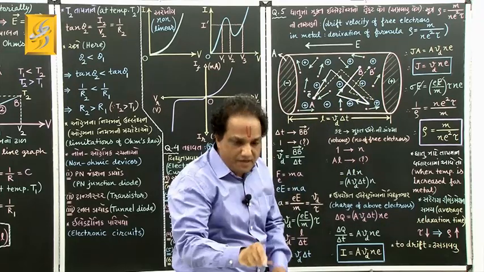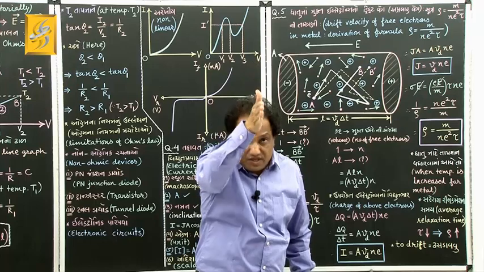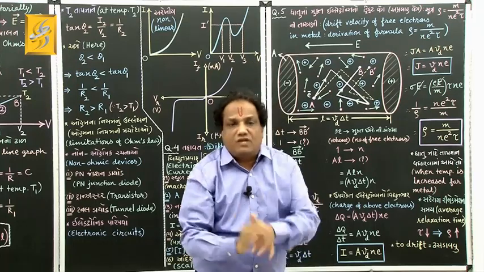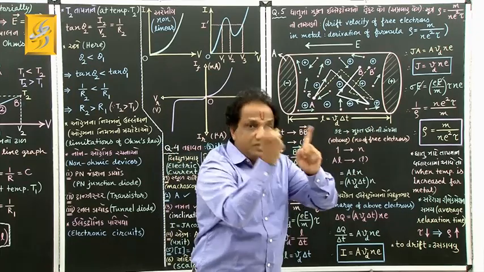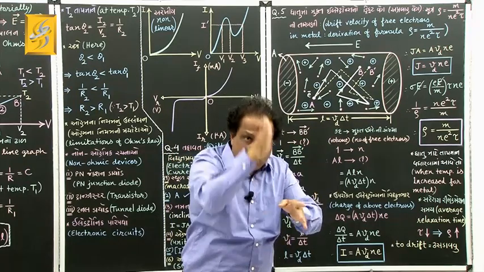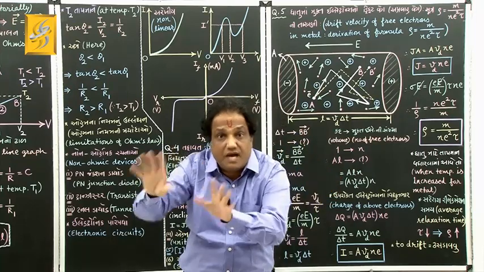So if you consider any cross section inside the conductor, whatever is the number of free electrons crossing it towards the right hand side, the same will be the number crossing it towards the left hand side in the same time.